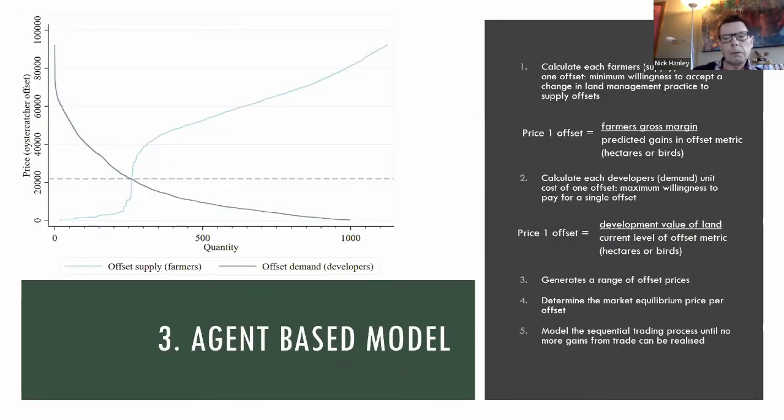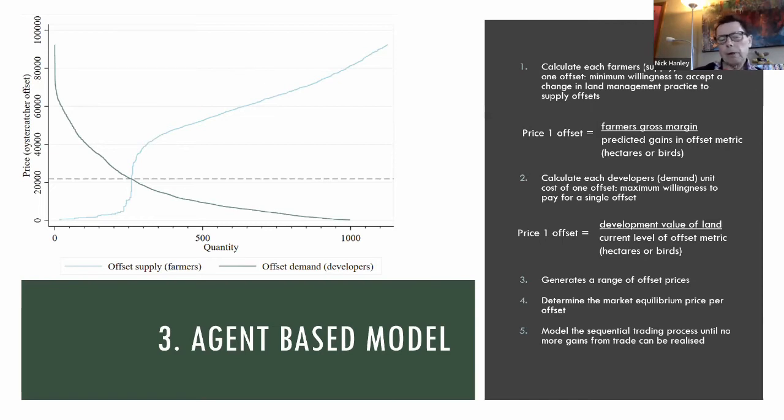And then the agent-based model, which is running in Stata, is saying, okay, now for each of these farmers, and every kilometer grid square is a farmer in our setup, what would their optimal decision be about whether to supply offsets or not, or whether to allow house building to happen or not, as a function of the maximum willingness to pay for offsets and the minimum supply price.